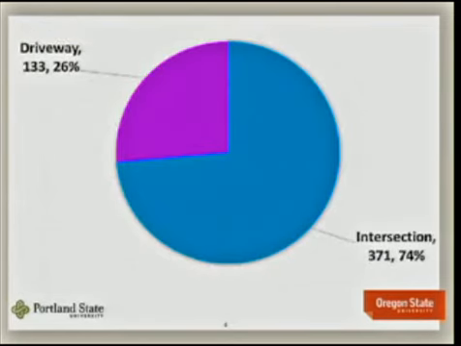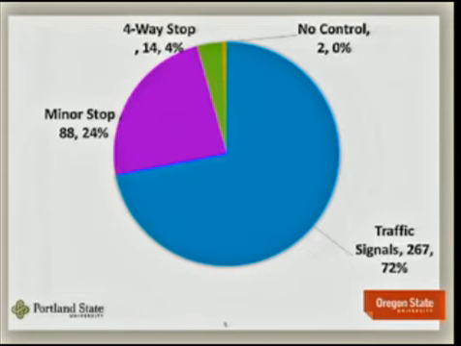So if you saw from those pictures, we knew where the crashes happened, so we looked at the construct of where that was. And not surprisingly, 74% of those happened at intersections. We went a little bit further and looked at the traffic control at that location. Most of those right hook crashes, 74% of them, happened at signalized intersections.